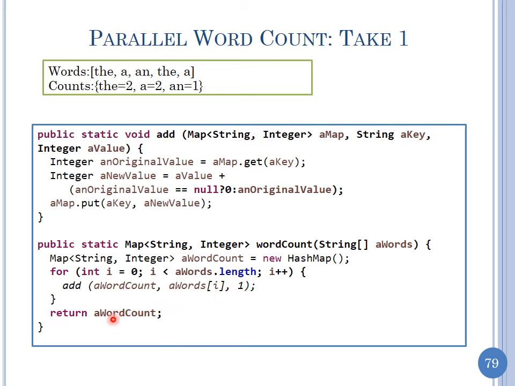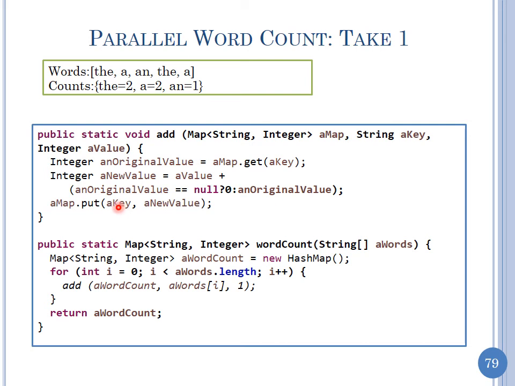And I return this hash table. And this is what add does. It takes an existing map, takes a key, takes a value, and if the key already exists, then it goes and adds the value to a previous value if it exists, or nothing if such a value doesn't exist. Okay, and then it goes and associates a new value with the key.